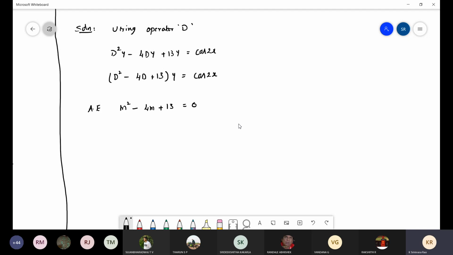We don't get the factors for 13 because it is divisible by 1 and itself. So you should go with the formula. So a equals 1 here, coefficient of m square, b equals minus 4 here, and c equals 13. So m equals, write the formula, minus b plus or minus square root of b square minus 4ac by 2a. So this is the formula I should go with.